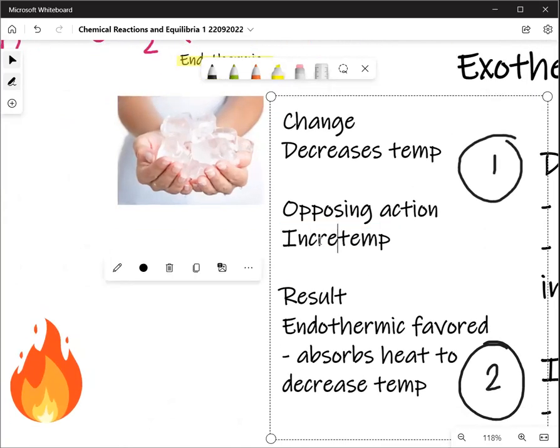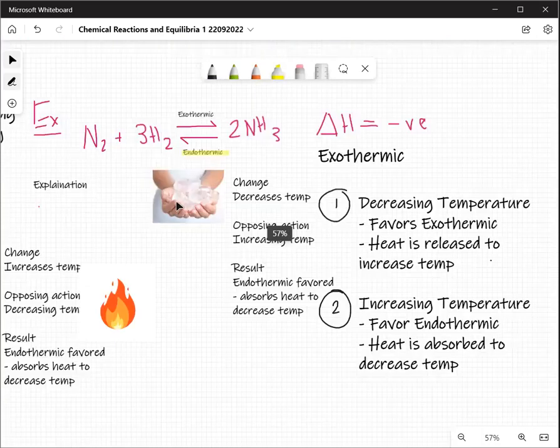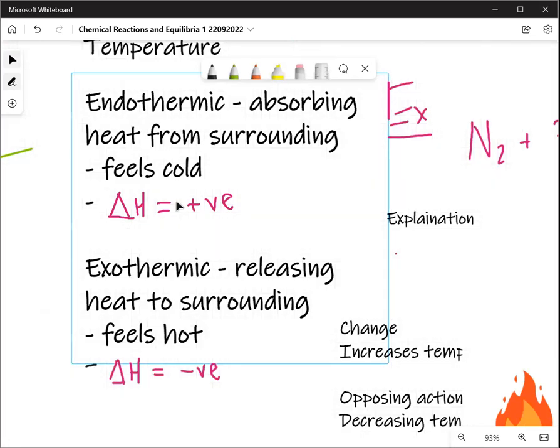Increasing. Now you tell me, which of these reactions feels hot and increases temperature? Endothermic or exothermic? It will not be endothermic. Why not endothermic?